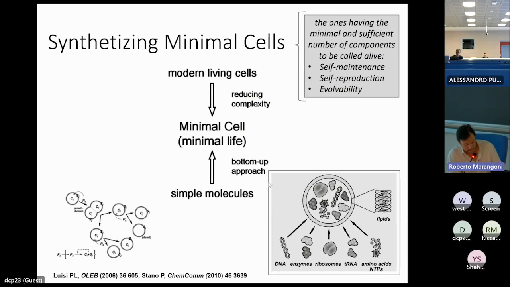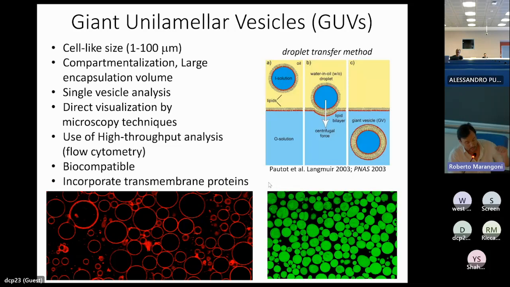We follow this approach, and our compartments are giant vesicles, so phospholipid vesicles of micro-sized dimension. We prepare these vesicles using a well-known method called the droplet transfer method. We start from oil droplets, and then we push these oil droplets across an interface that is rich in phospholipids, so they form bilayer compartments.